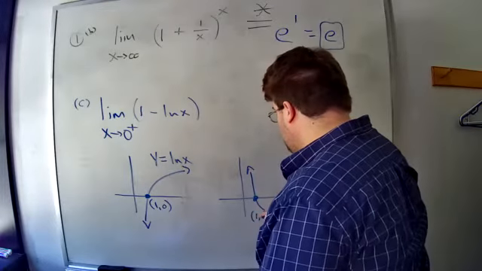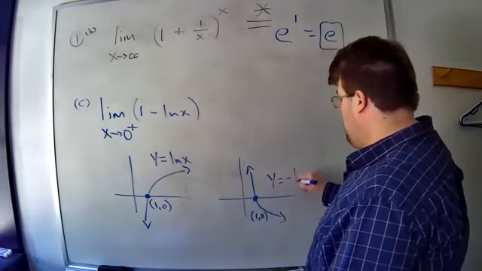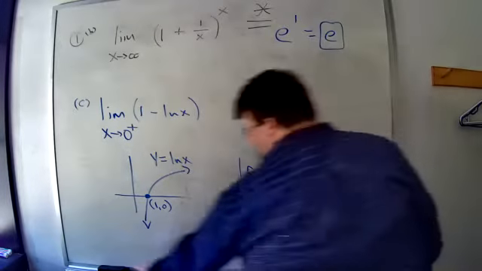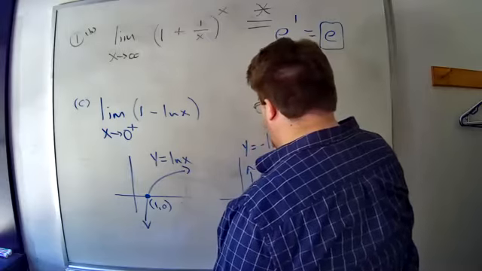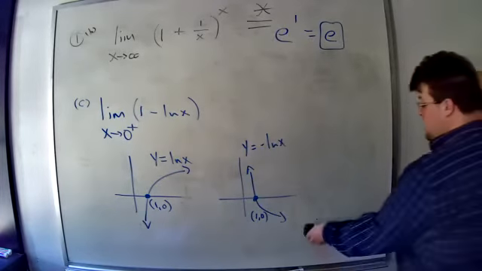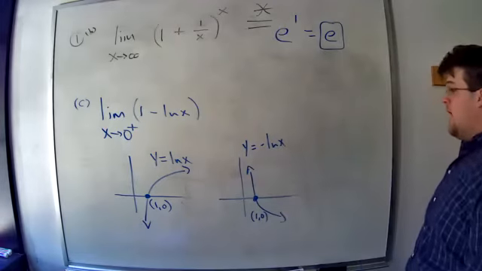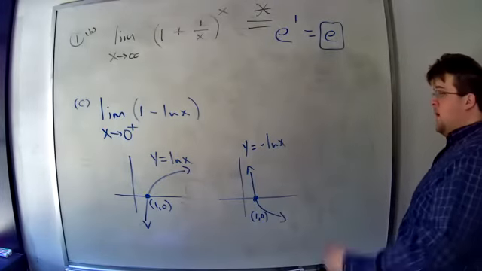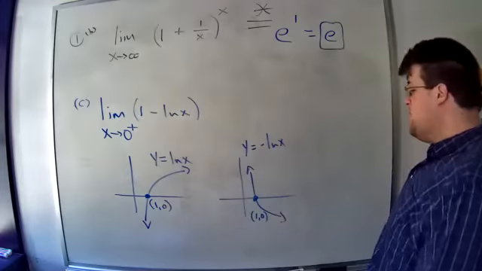This point 1, 0 is the same, but all y's get replaced with negatives, which means we flip it over the x-axis to get y equals negative log x. And now we just have a positive 1 on everything.